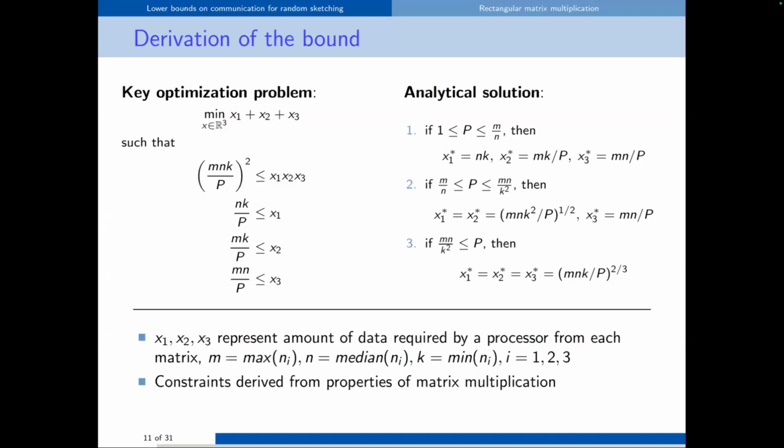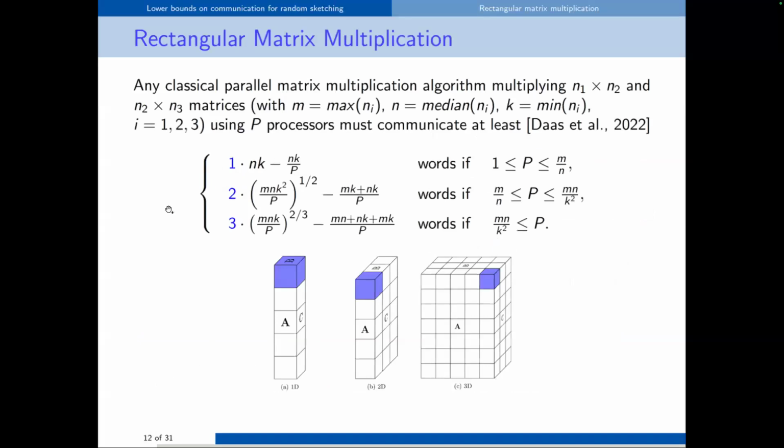results which depend on how many processors I have with respect to the sizes of the matrices A, B, and C. And this is what we obtain as a minimum amount of communication when we want to multiply A, B equals C. And we have three different cases.